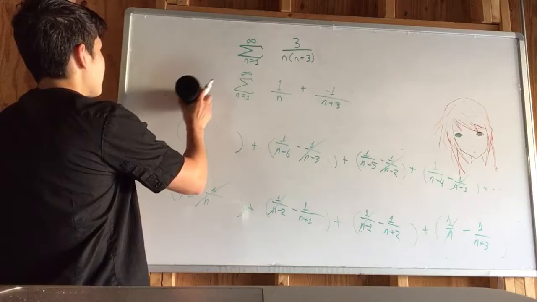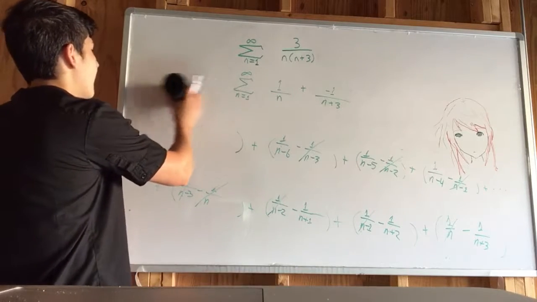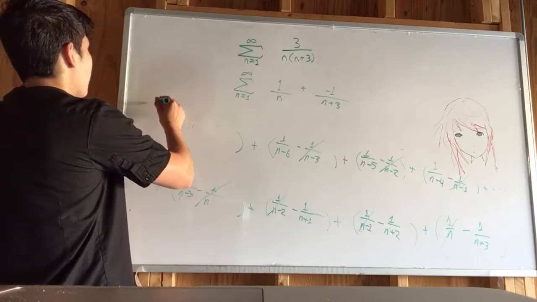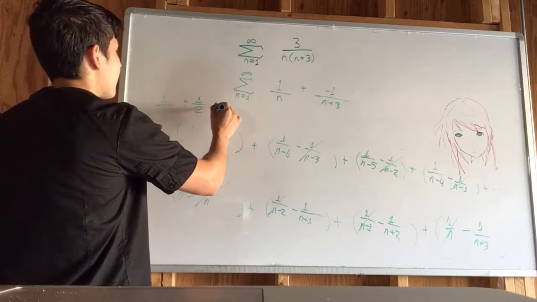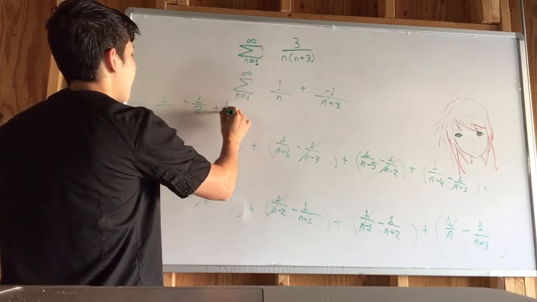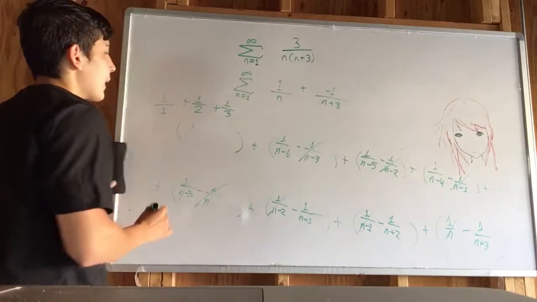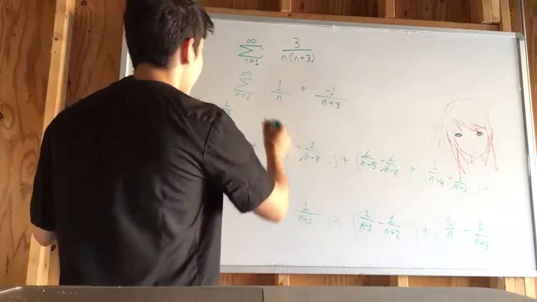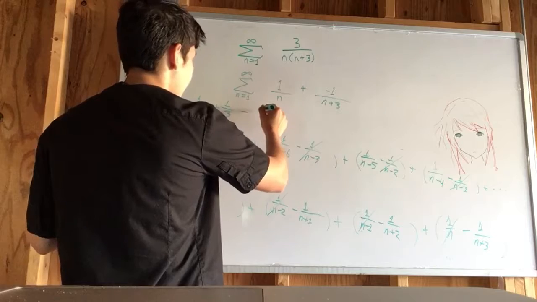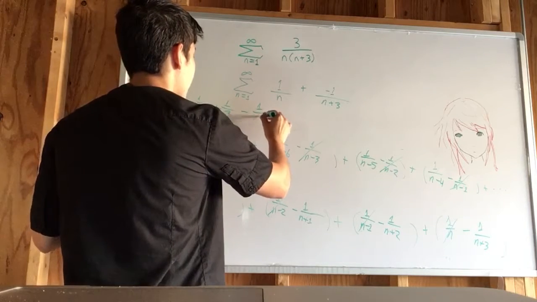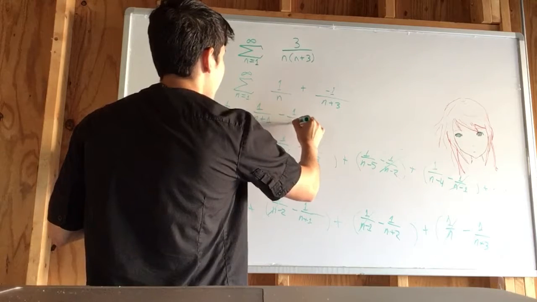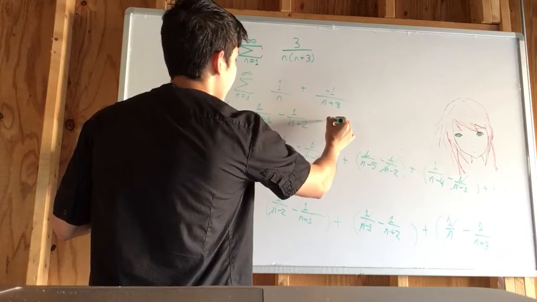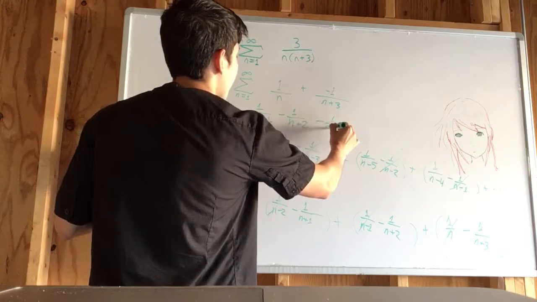And so let me rewrite this. We have 1 plus 1/2 plus 1/3, and we're adding these terms. So we have negative 1 over n plus 1, negative 1 over n plus 2, and negative 1 over n plus 3.